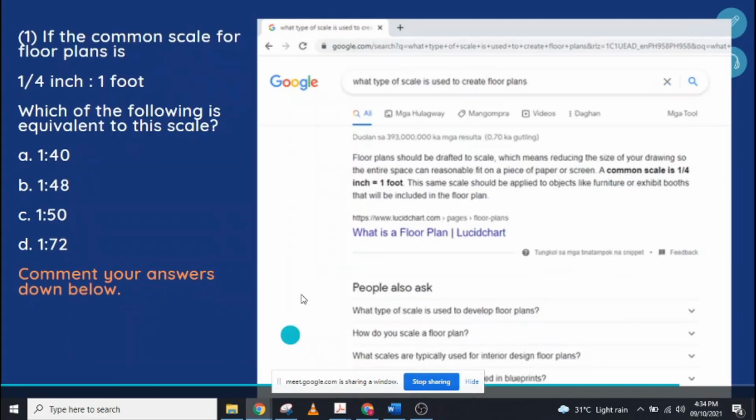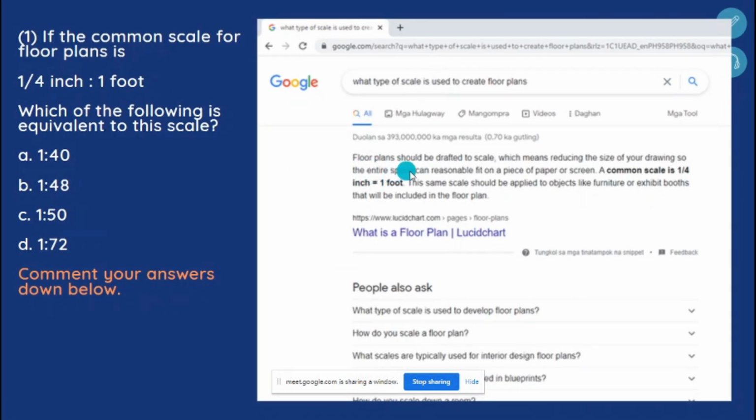Floor plans should be drafted to scale, which means reducing the size of your drawing so the entire space can reasonably fit on a piece of paper or screen. A common scale is 1/4 inch is equal to 1 foot. That is the scale used for floor plans.